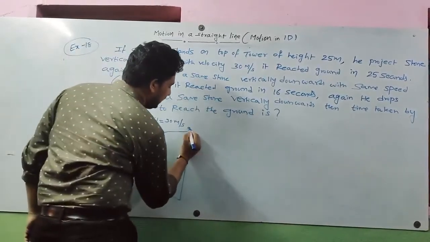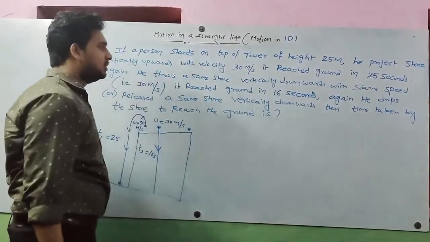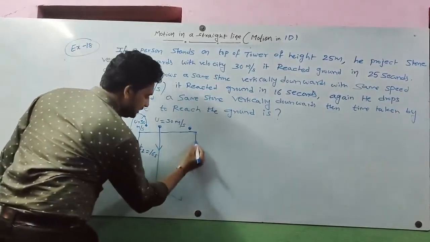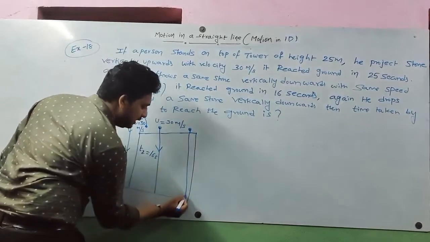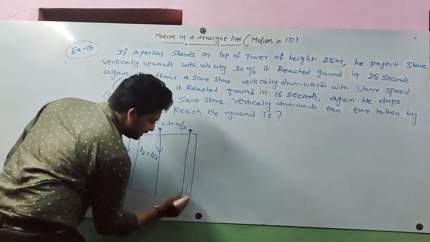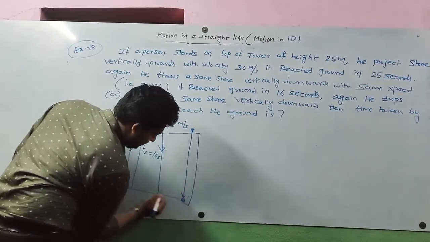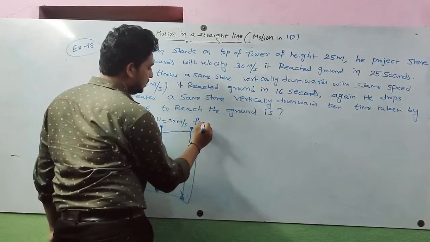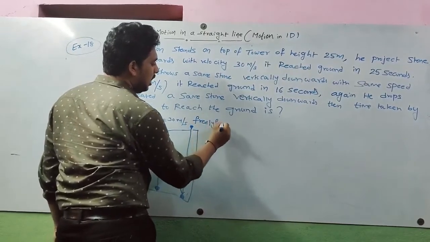Next, the third stone. Here the third one is the same stone, and now it is freely falling. It reaches the ground when freely falling or dropped.